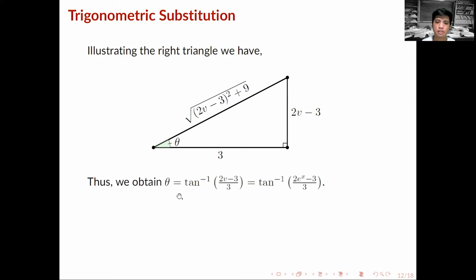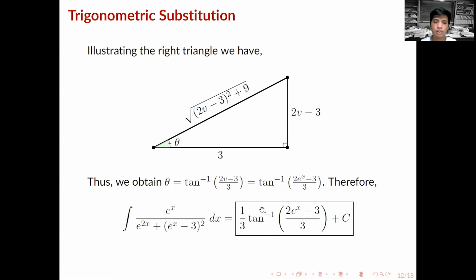And by taking the inverse tangent of that, we will obtain theta equal to inverse tangent of 2v minus 3 over 3. Also recall that in the beginning, we let v equal to e raised to x. So we will convert it back again to e raised to x. And now we obtain our final answer to problem number 2.